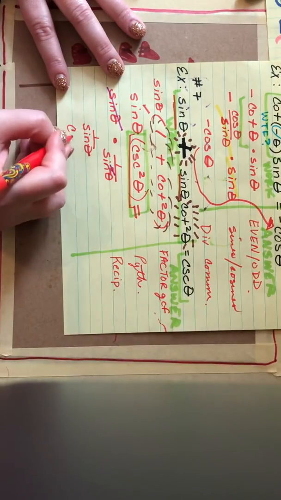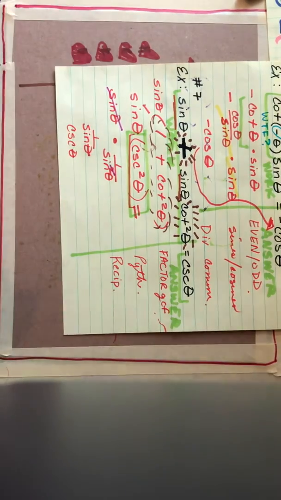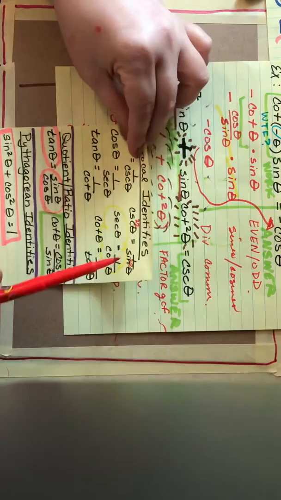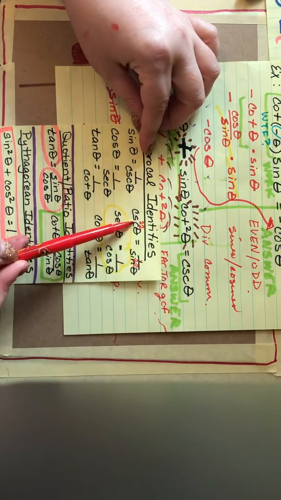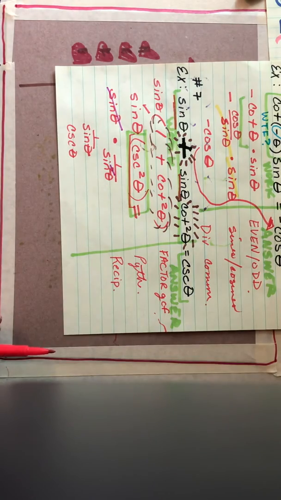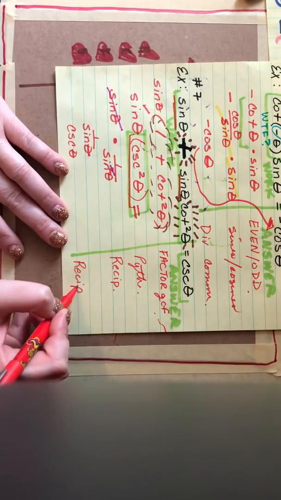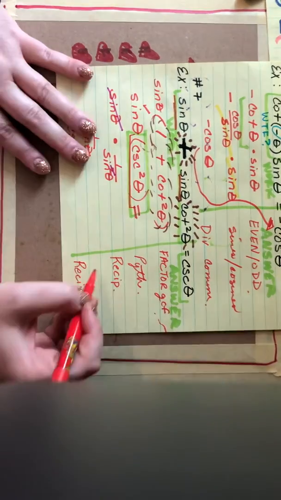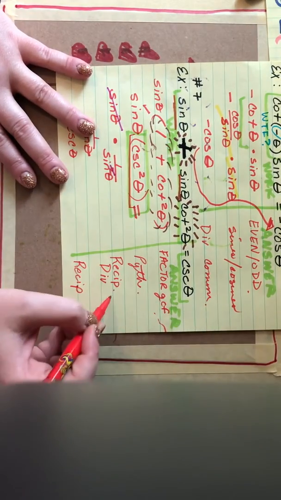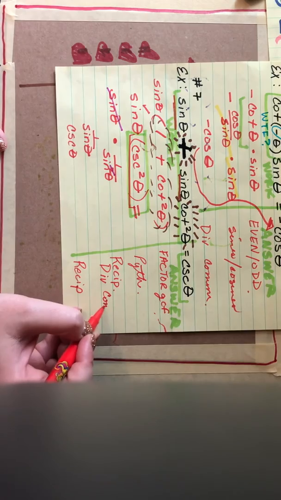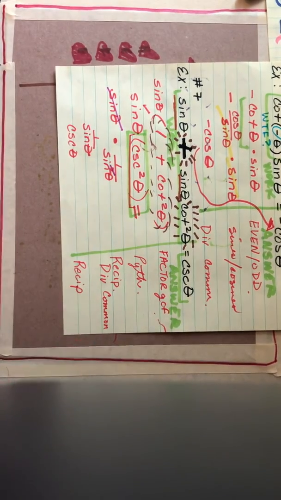We just get cosecant theta because 1 over sine theta is cosecant. So that very last thing we did was a reciprocal again. And back over here when we canceled, I forgot to tell you, we divided out the common factor. Remember, that's what it's called when you cancel.